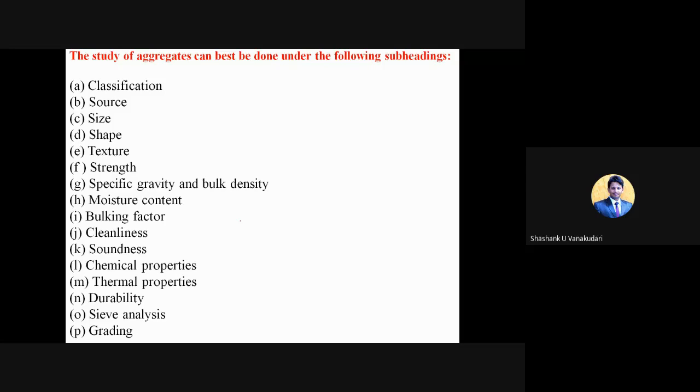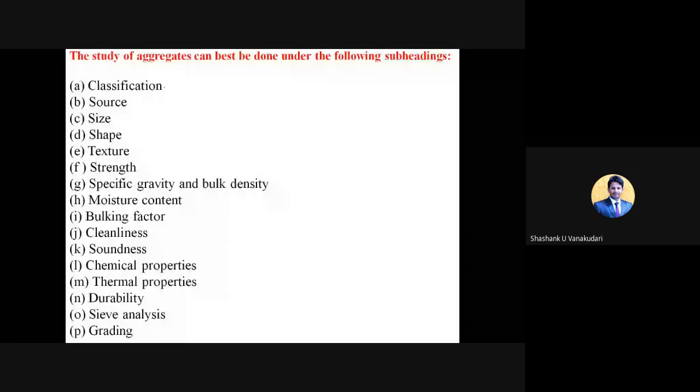Means you can consider various properties here with respect to the classification, source of availability, and then size, shape, texture, strength of the material, specific gravity as well as the bulk density, and even moisture content, right?